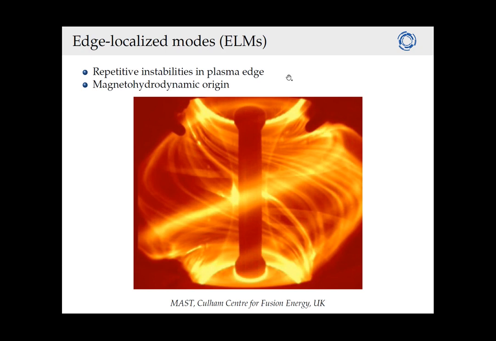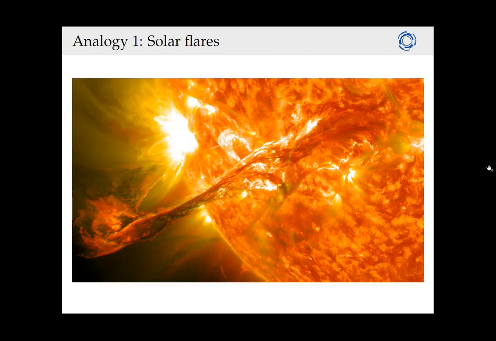It has a magnetohydrodynamic origin, and this is a picture I already showed. It causes expulsion of plasma energy and particles in a brief burst of a few milliseconds each, and the energy and the particles are concentrated along these filaments which follow the magnetic field lines.